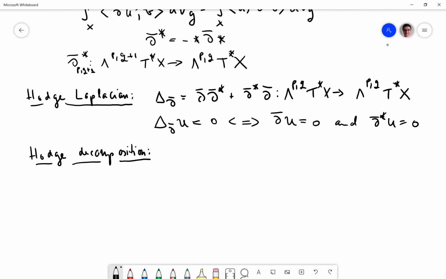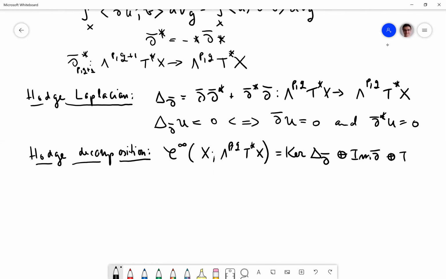So what you learn is that the space of all smooth (p,q) forms decomposes in the following triple orthogonal sum: the kernel of the Hodge Laplacian, the image of ∂̄, plus the image of ∂̄*.